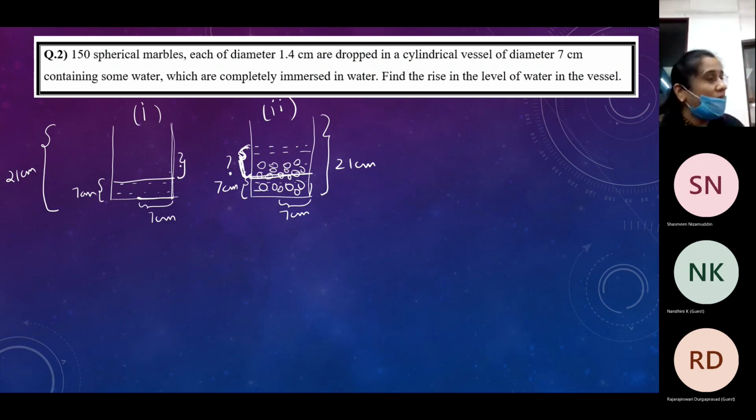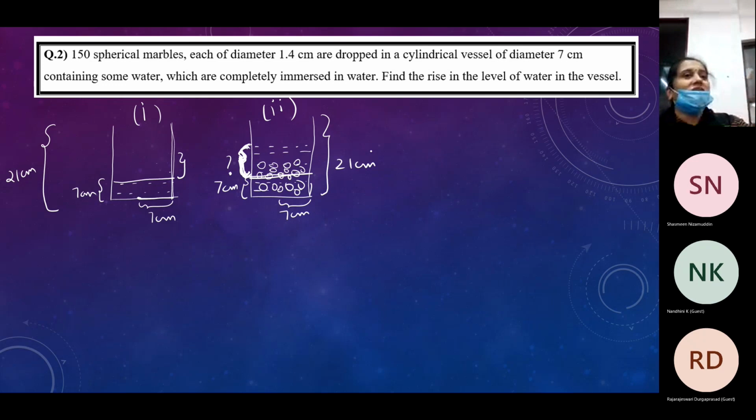That's because the marbles have taken space inside the container, due to which the height of the water in the vessel has risen. Yes or no? So the increase in the level of the water is because of the marbles, which means the volume of this water. How will you find the volume of this water?